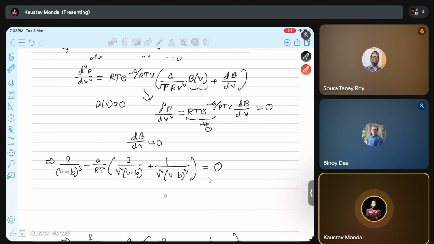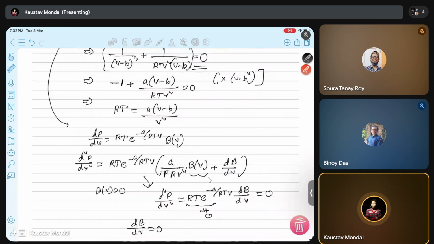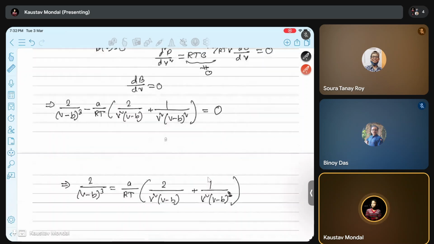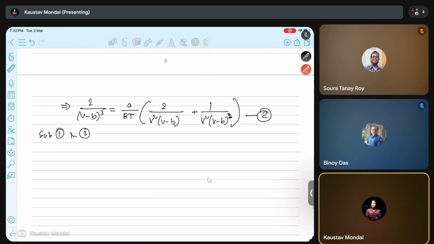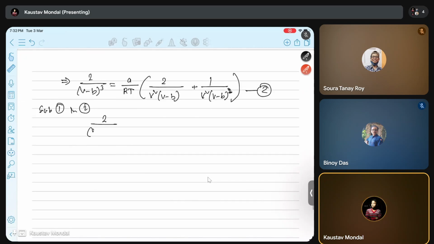Okay, now from this equation, you have already got an expression of RT in terms of V and b. So we will substitute that here. So we will be getting 2 into V minus b whole cube equal to V square V minus b, 2 by V square V minus b plus 1 by V square V minus b whole square.